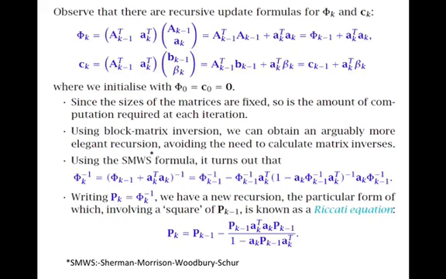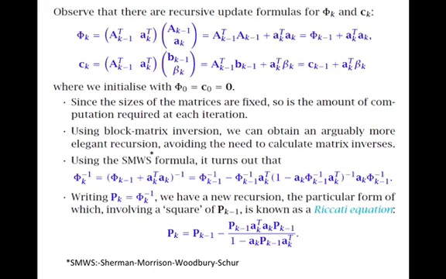So we have phi k equal to a row matrix of Ak minus 1 bar T, ak bar T into a column matrix of Ak minus 1 and ak, which gives you Ak minus 1 bar T Ak minus 1 plus ak bar T ak, equal to phi of k minus 1 plus ak bar T into ak.